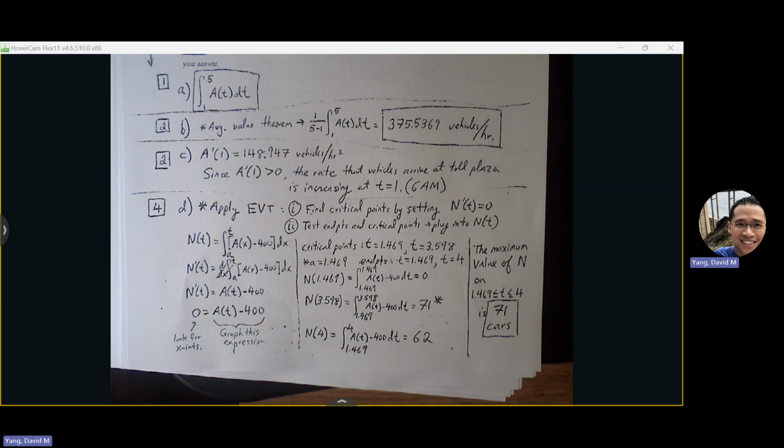N of 3.598 is 71, N of 4 is 62. So between these, your maximum value is 71.